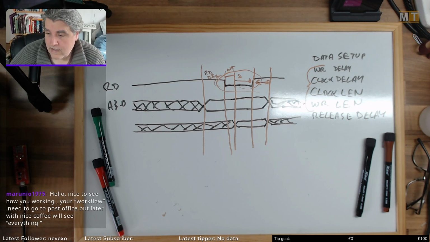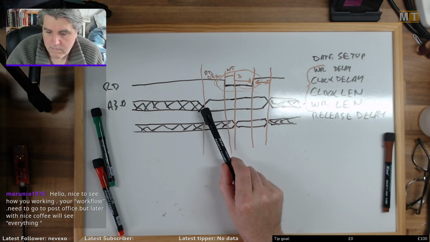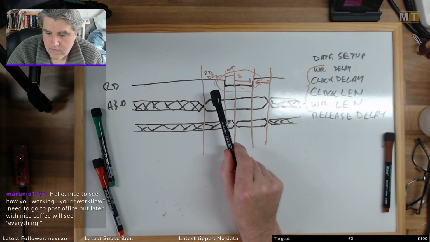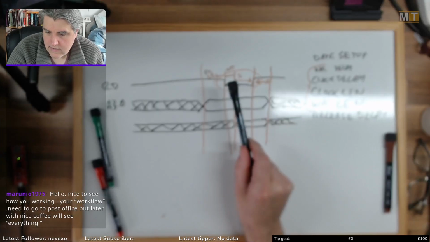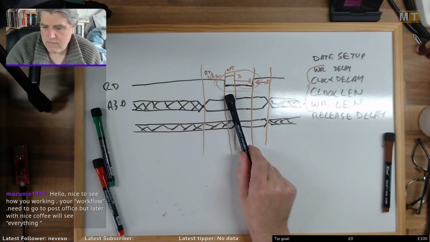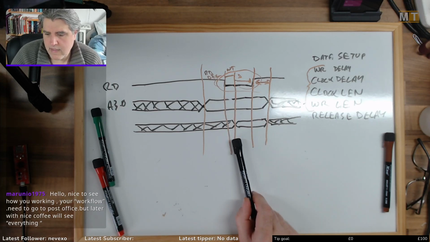So we shall have the data setup. That'll either be the delay between the address and the data being set, or the delay between... Actually, do I even need that? As long as the length of the read pulse is long enough, I don't really care about that. Do I?